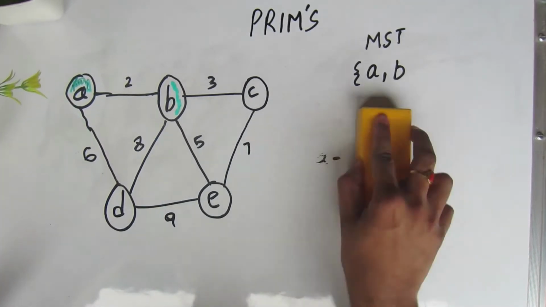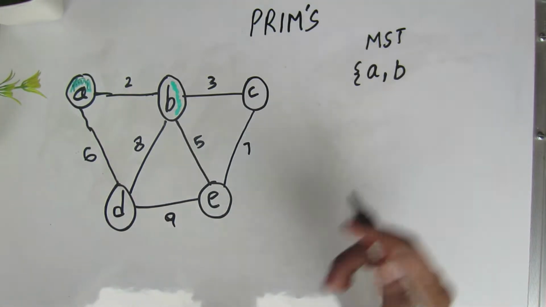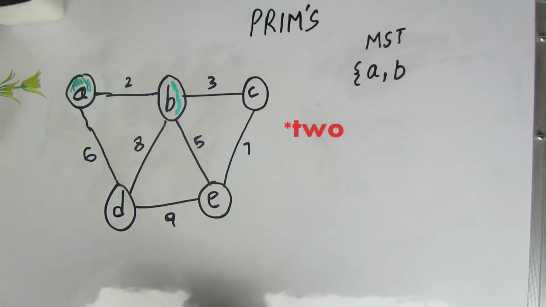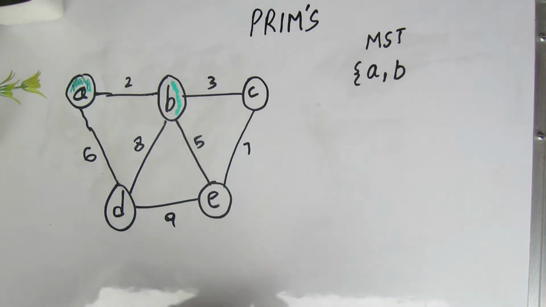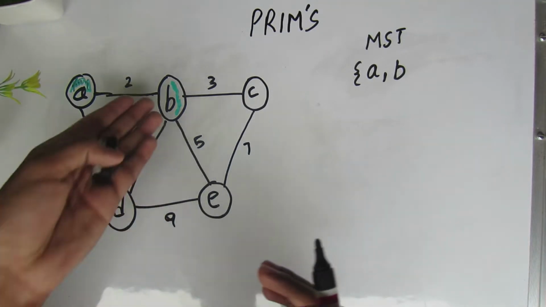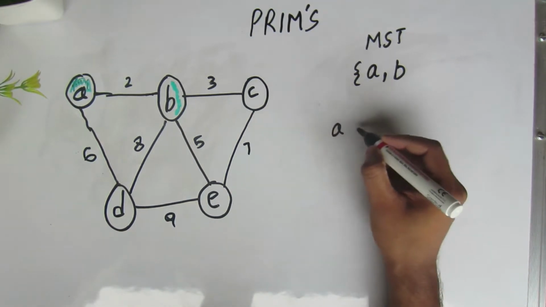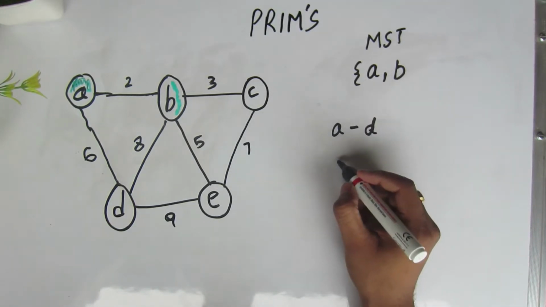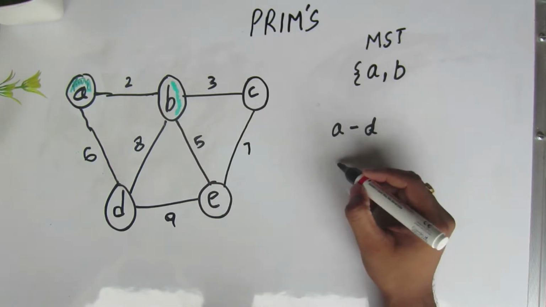Now we have to consider all the adjacent edges of the candidate set. The candidate set now has 2 elements. We need to ignore the vertices which have already been added to the set, that means the ones colored green here. So we will not consider A to B now, but we have to consider A to D, and we are done with A's edges, but we have B now.